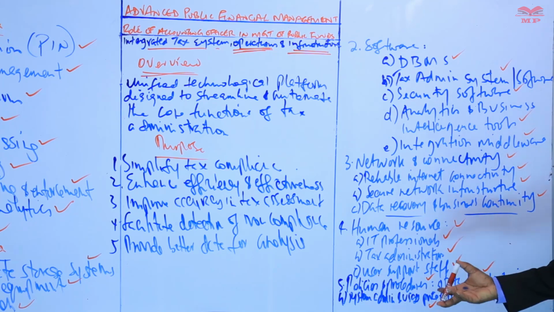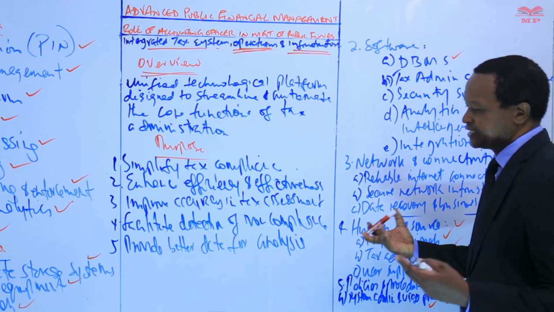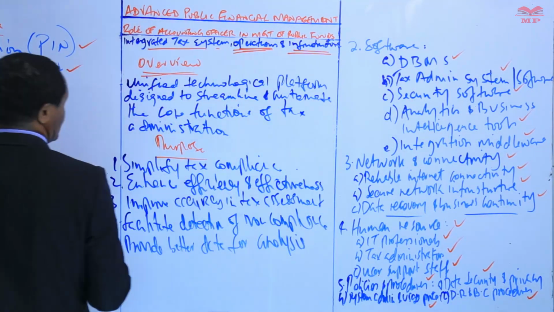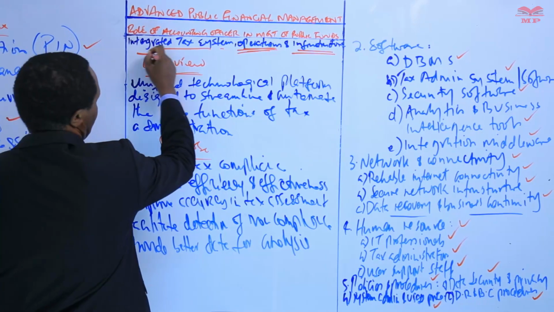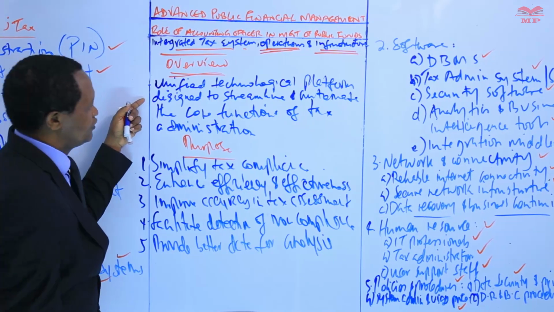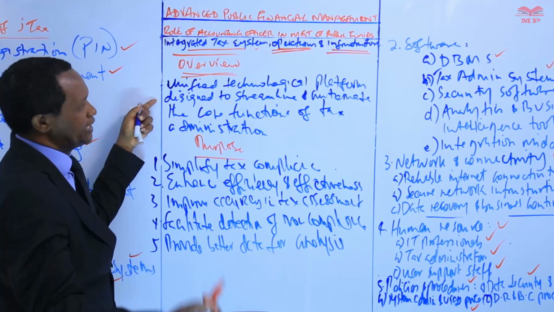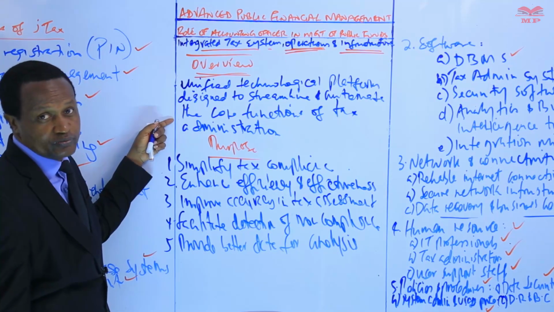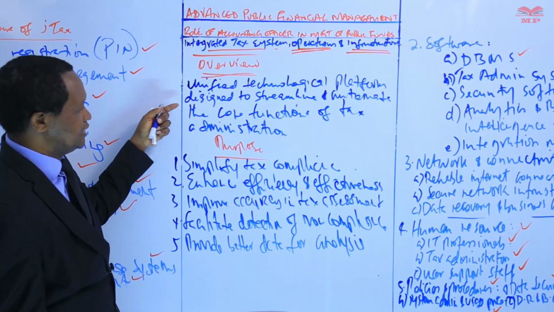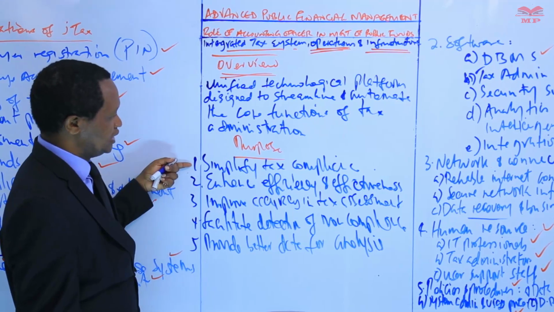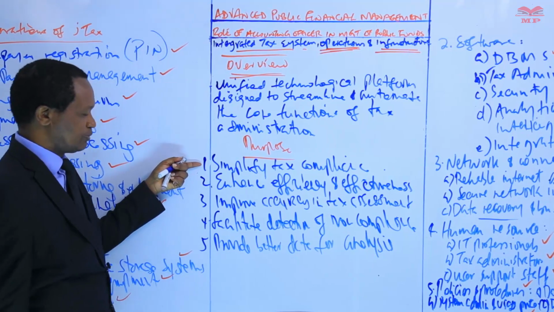So in this lesson, we've been studying the integrated tax system. We've defined it as a unified technological or digital platform designed to streamline and automate the core functions of tax administration. We've highlighted the purpose of an ITS. One is to simplify tax compliance.